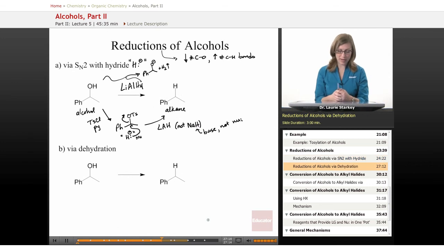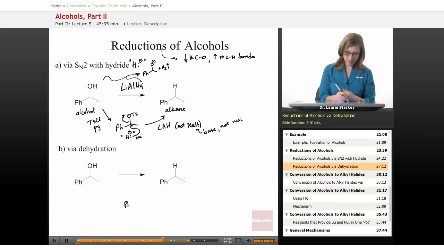Another strategy is to do a retrosynthesis and consider what reactions we've ever seen that give alkanes as products. That's kind of a strange reaction because there are no functional groups; there's nothing left. What if we had an alkene in this position?